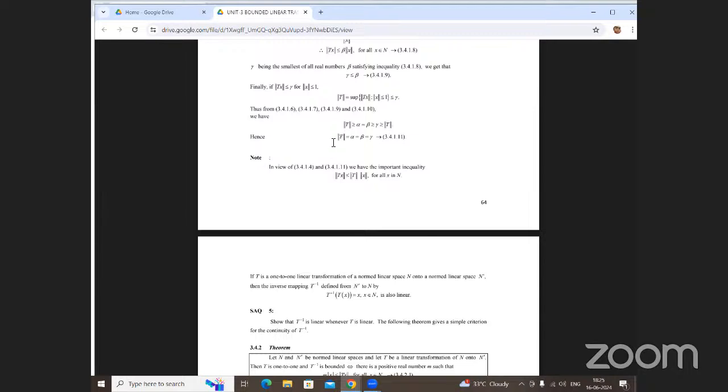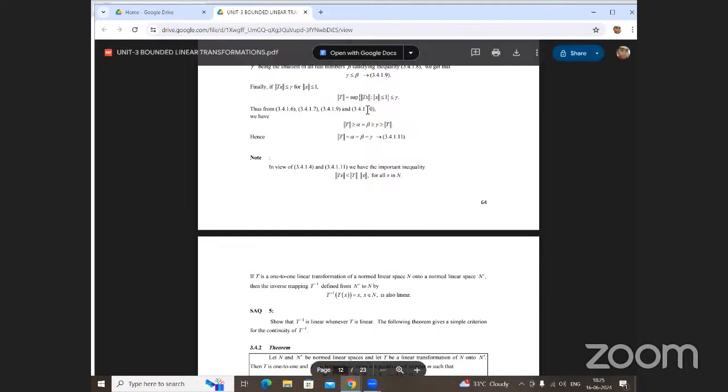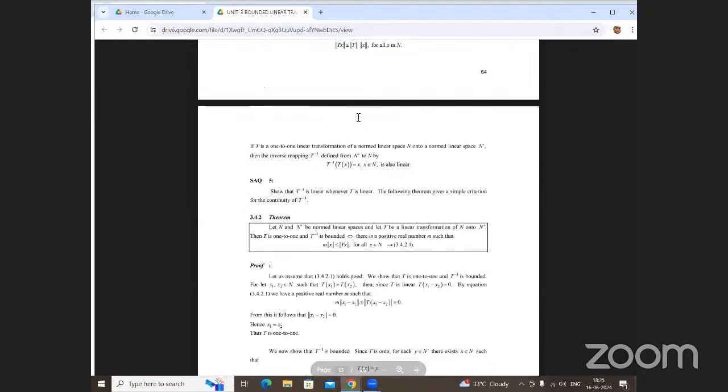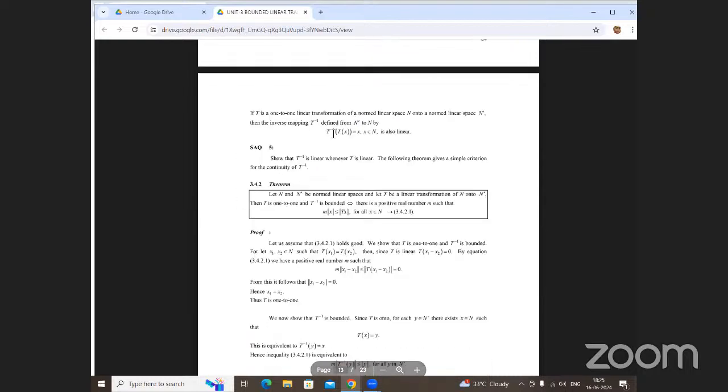Now finally, norm T equal to alpha equal to beta equal to gamma. So that value is the supremum of norm Tx, where norm x is less than or equal to 1. Okay, that's enough.